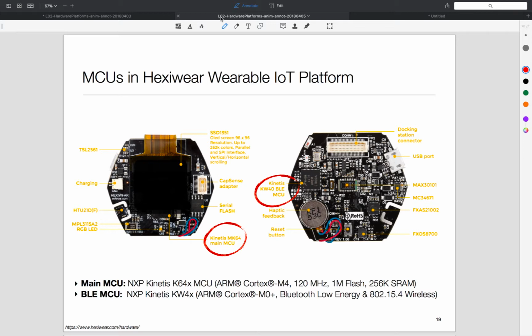It's still 32-bit, and the main MCU is an ARM Cortex M4, 120 megahertz, with a fair bit of flash and SRAM. Then there are a whole bunch of other sensors, hard to read out here because of the yellow color, but a variety of things sitting out here. Those names may not make sense, but they correspond to different sensors. There is a little USB port and all. And you can program it using three or four different ways.